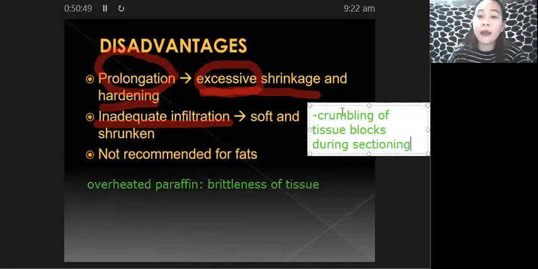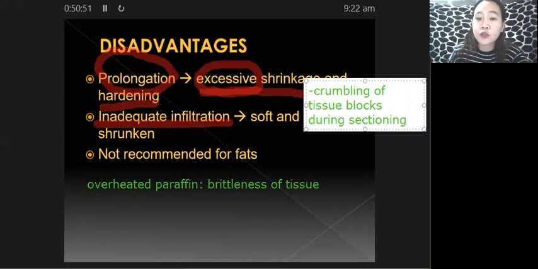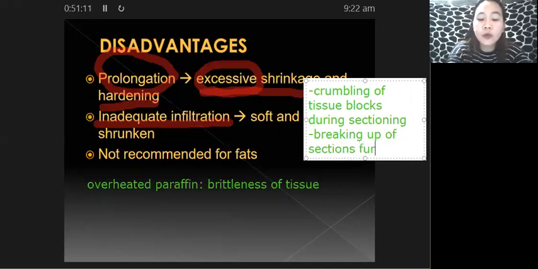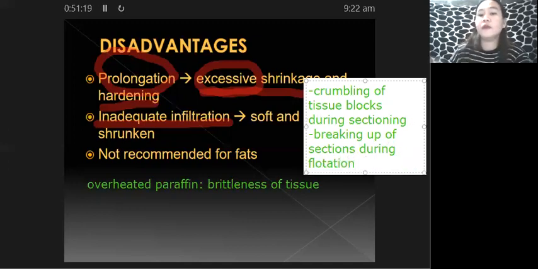So, crumbling of tissue blocks during sectioning also indicates inadequate infiltration. Another indication would be if your sections break up during flotation.